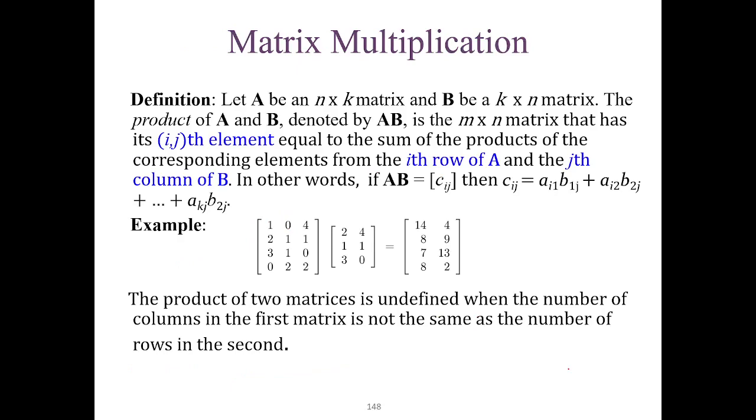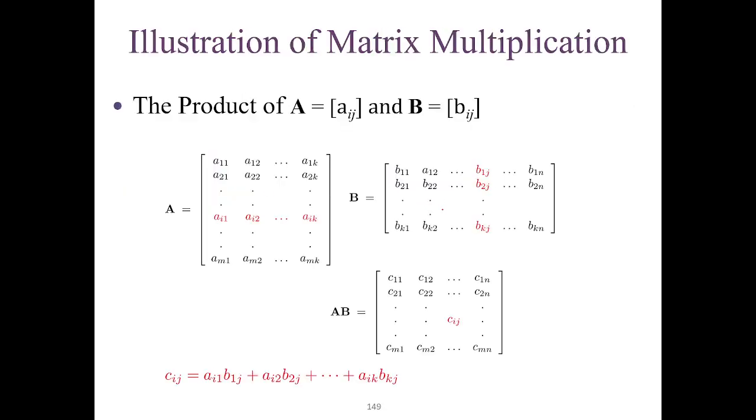For the multiplication of two matrices, we can define the ij element. When we calculate the ij element of the new matrix, basically we use the ith row of A and the jth column of B to calculate Cij in the new matrix. Maybe we can see the example.